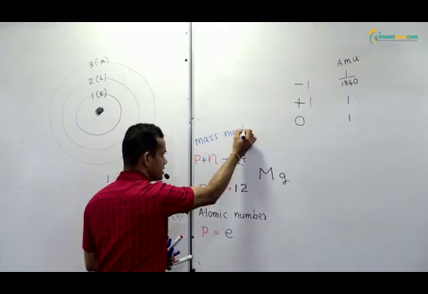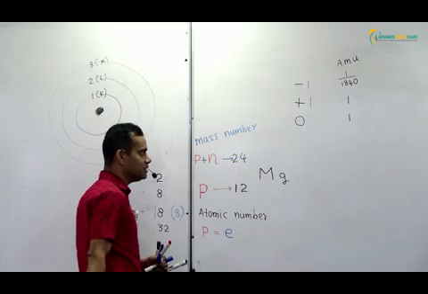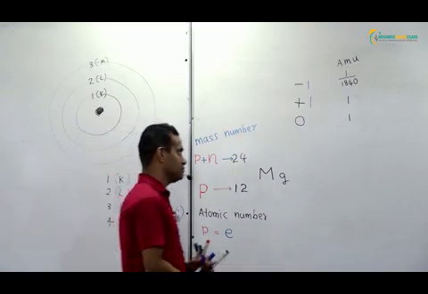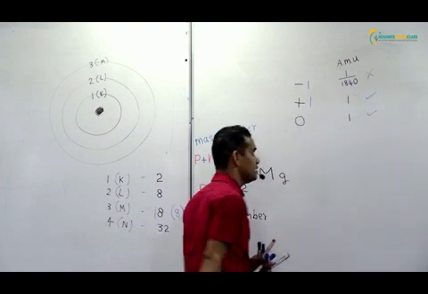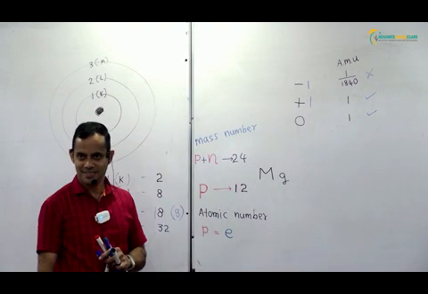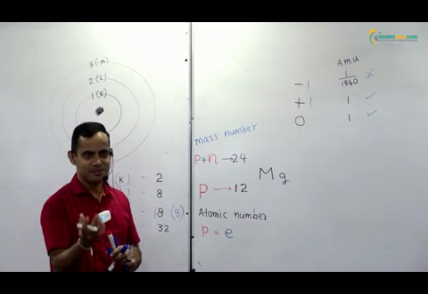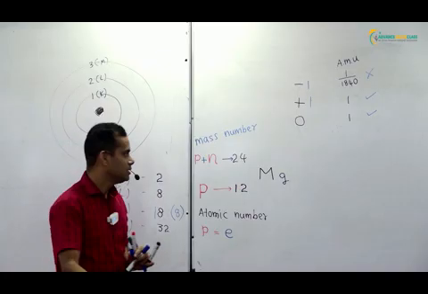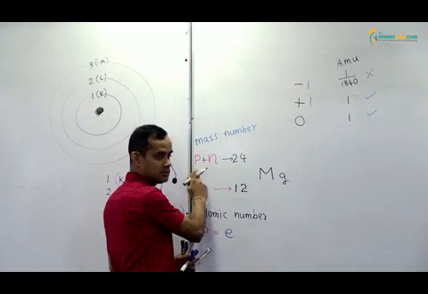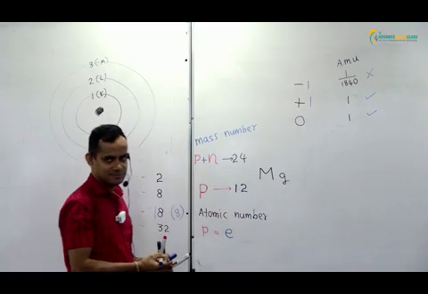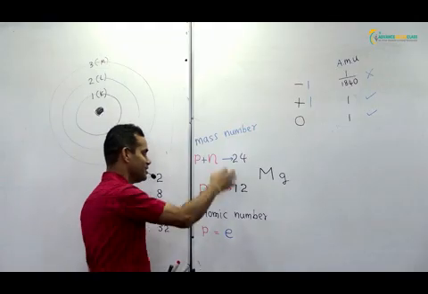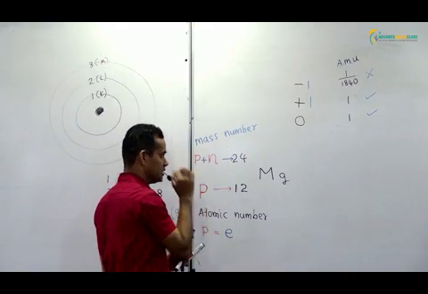You can remember it this way also. The mass of an atom depends on this one and this one, because the mass of an electron is nothing. The mass of the atom comes when we add protons and neutrons together. So when we add protons and neutrons together, we get the mass number. So this is called the mass number, it is P plus N.